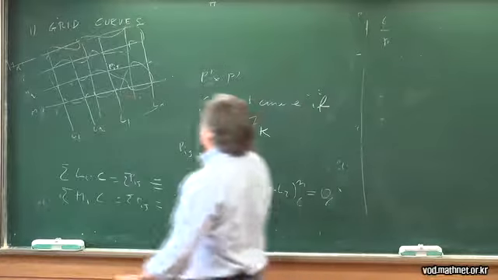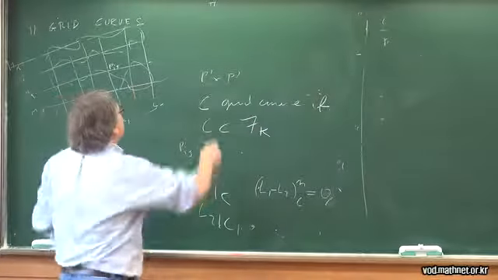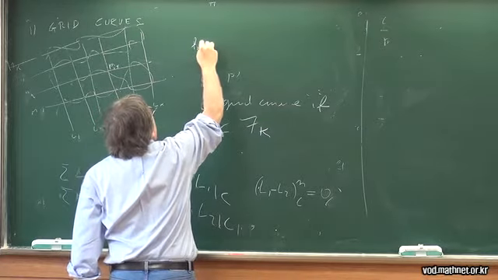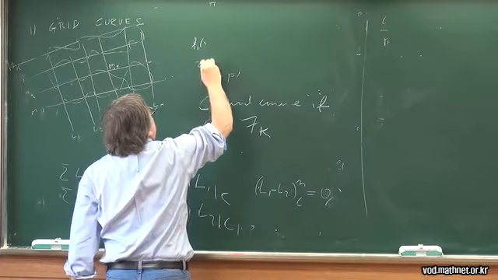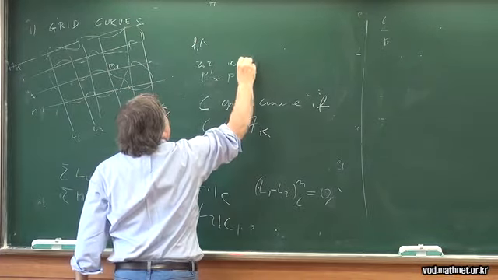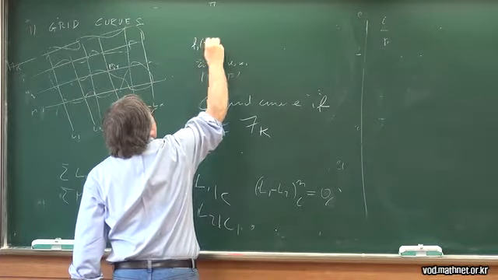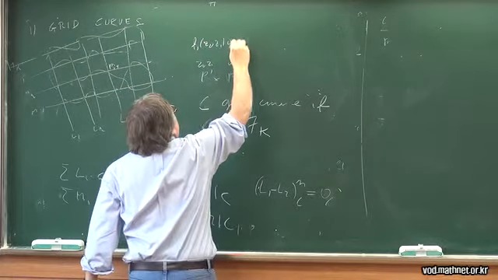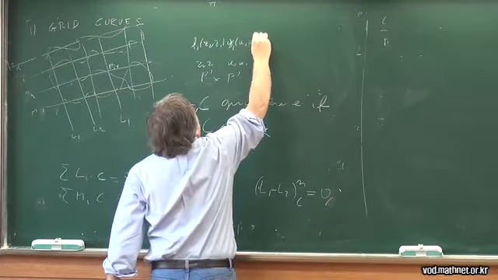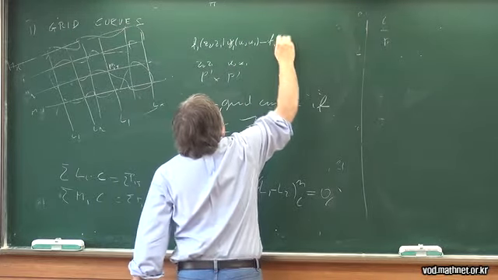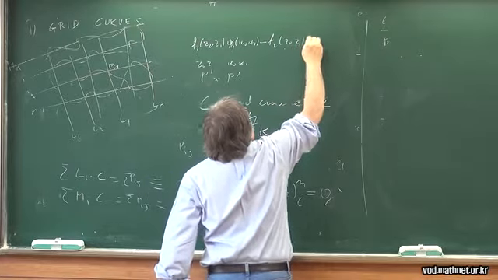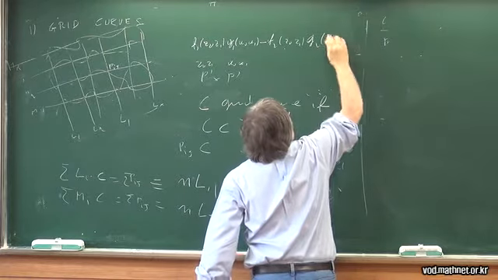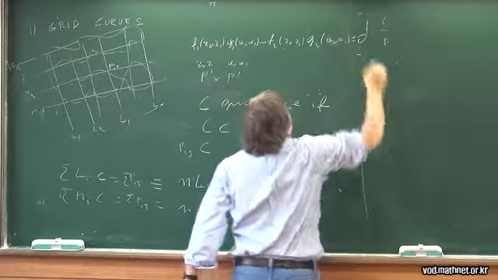Okay, now you study this kind of curve, and the equation is not so difficult. The equation of this curve in coordinates Z0, Z1, W0, W1 is something like F1(Z0, Z1) G1(W0, W1) minus F2(Z0, Z1) G2(W0, W1) equal to 0.